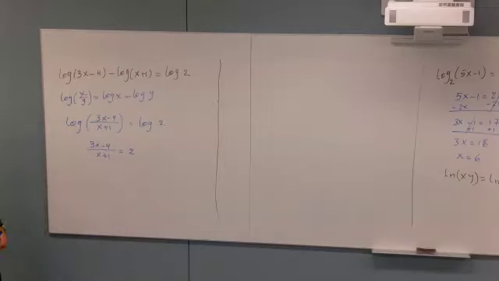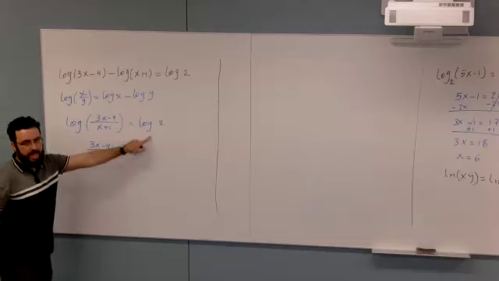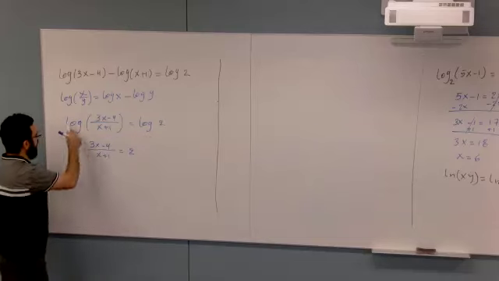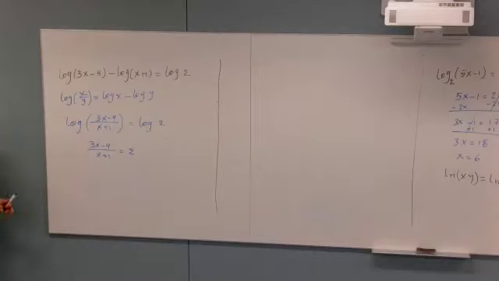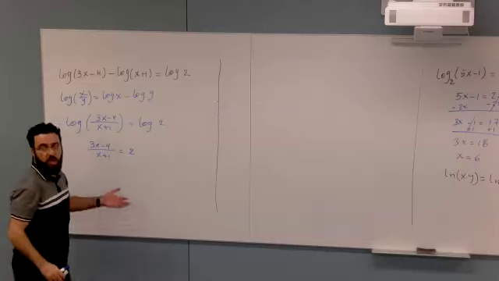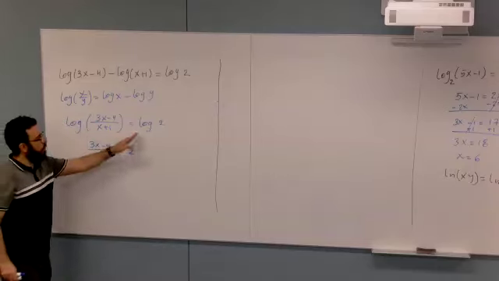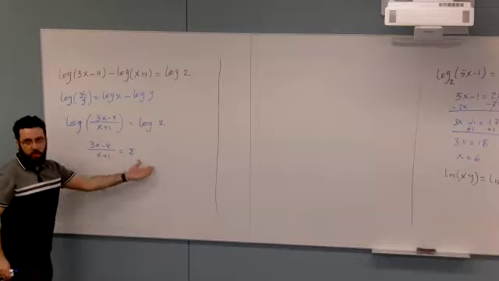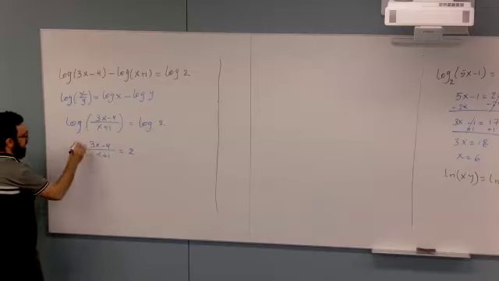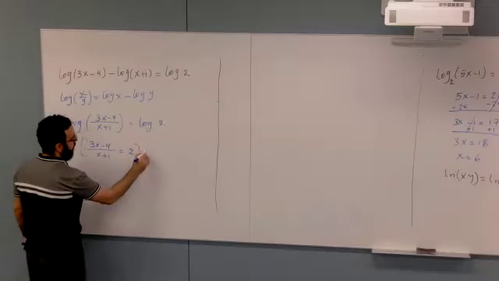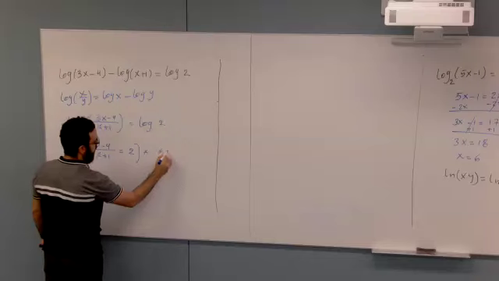Sometimes what you're doing, I have log on both sides, and you say, okay, I'm going to cancel these. It's the same thing. But in fact, it's not canceling. It's a property. When I have log x equal log y, that means x equals y. Now, how am I going to solve this one? Multiply by x plus 1.